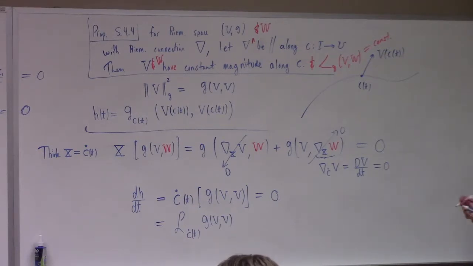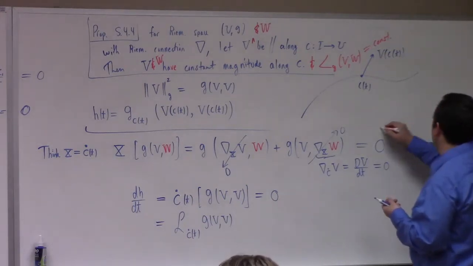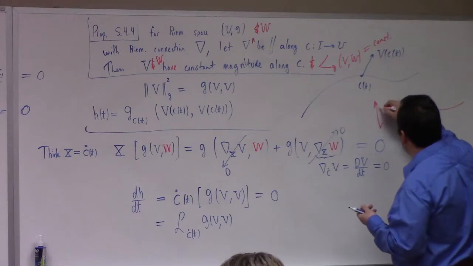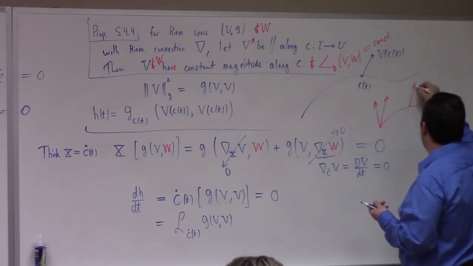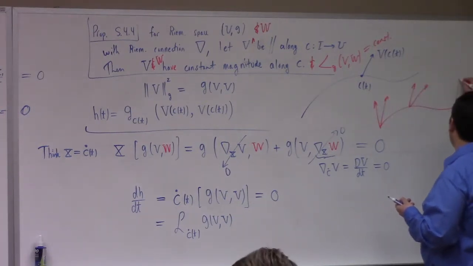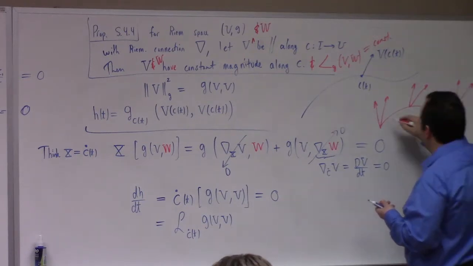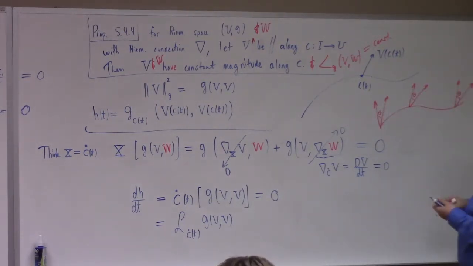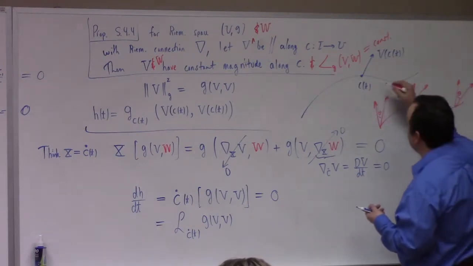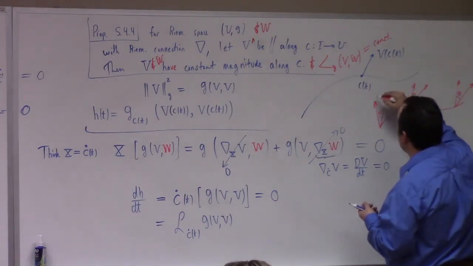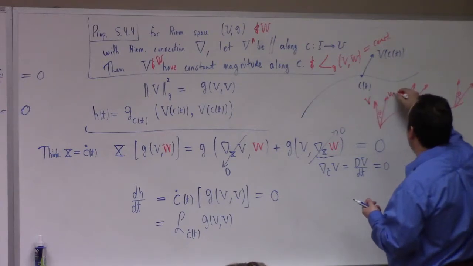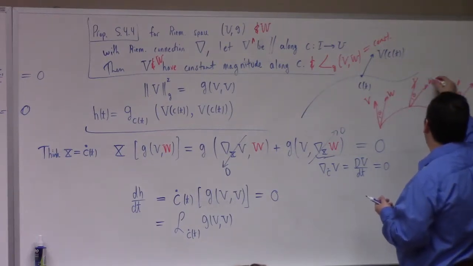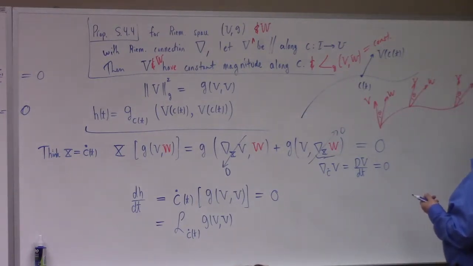So what that says is that if you have two vector fields along a curve and they're parallel, then the angle is constant. It stays the same as you look at these parallel vector fields along the curve. All right? Does that make sense?